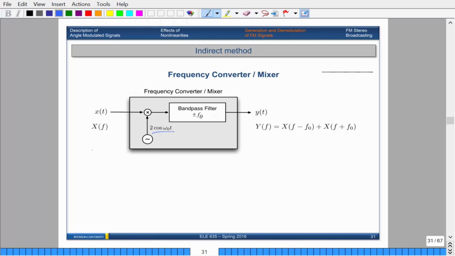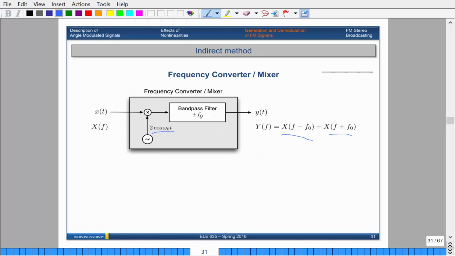So if you take a look, when you're modulating by omega 0, you'll have two components here. So you have 1 and then you have 2 because you're multiplying by this cosine wave.